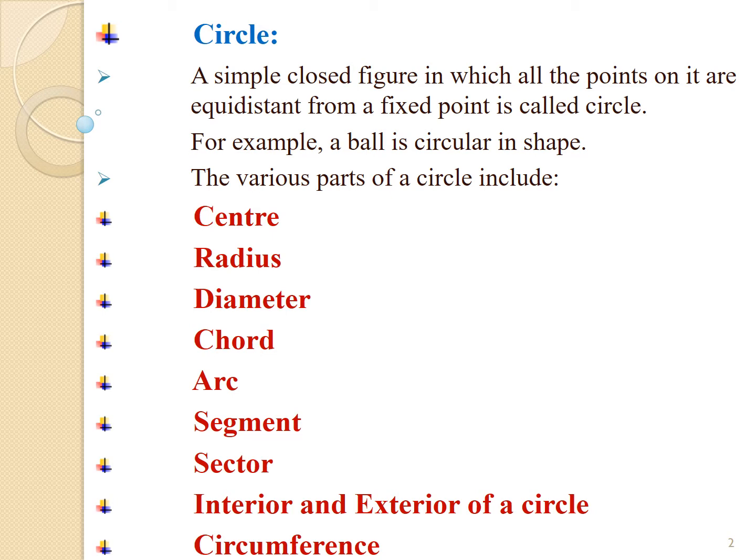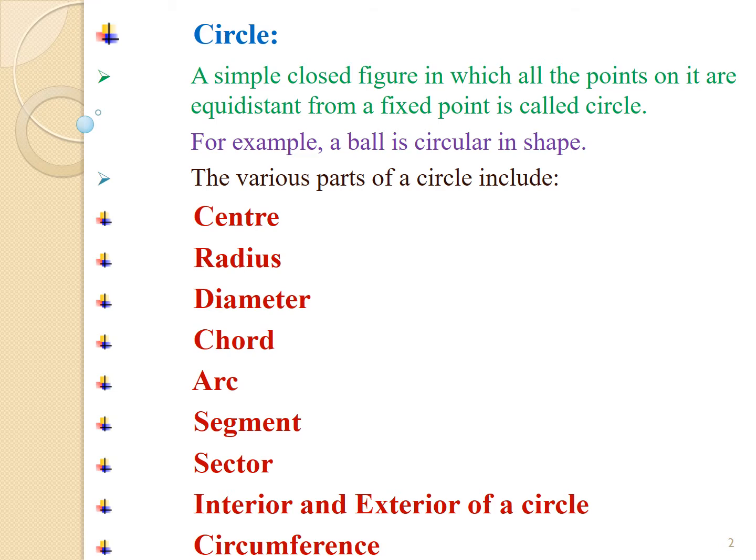Thus, we can say that a simple closed curve in which all the points on it are equidistant from a fixed point is called a circle. For example, a ball is circular in shape.